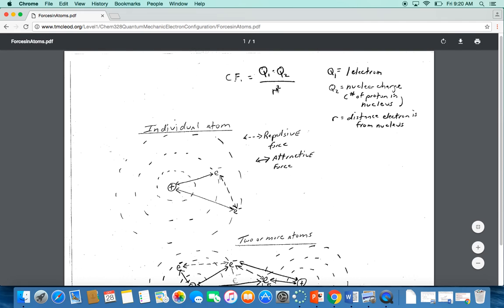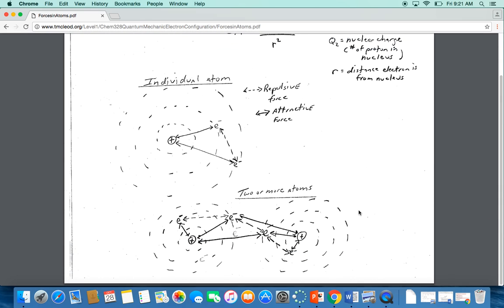If they're close and R is small, that makes the Coulombic force great. If they're far away, R is large and there's very little pull. For the atom itself, that gives you its size and how much energy you need to pull an electron away from the nucleus. We'll talk about that later on.